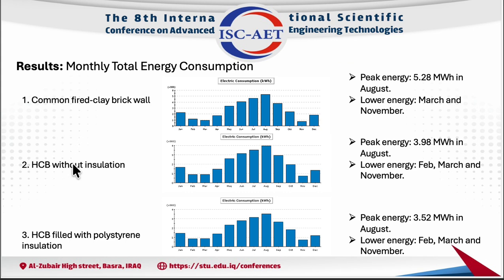For the uninsulated hollow concrete block, the peak in August decreased to 3.89 megawatt hour, and the lowest energy also occurs in February, March, and November.